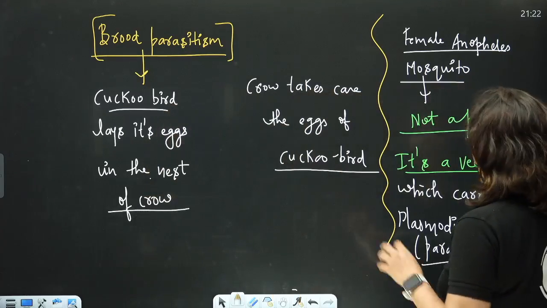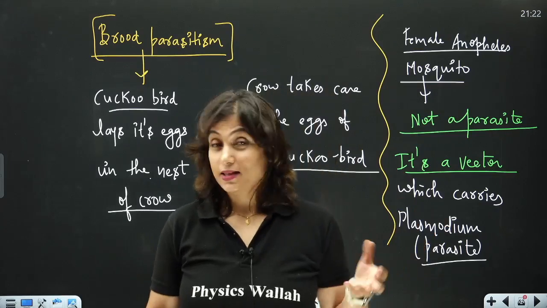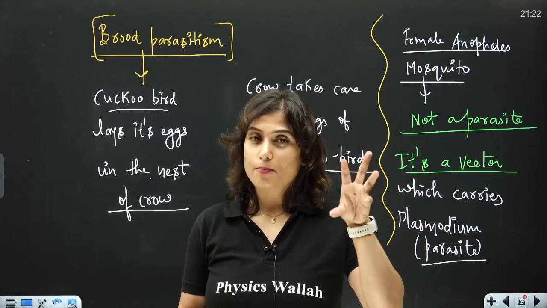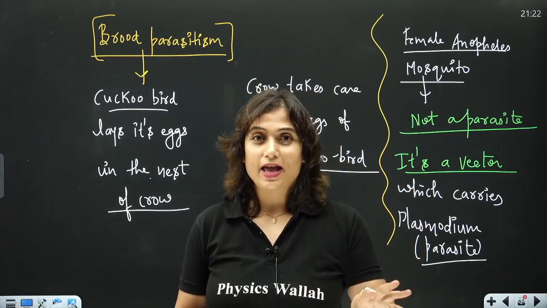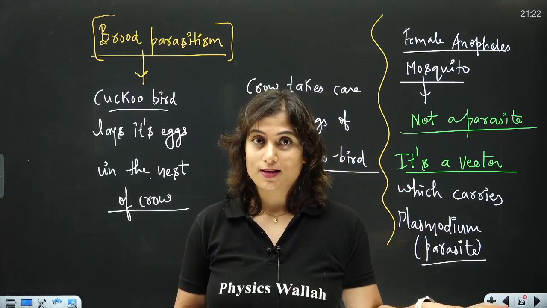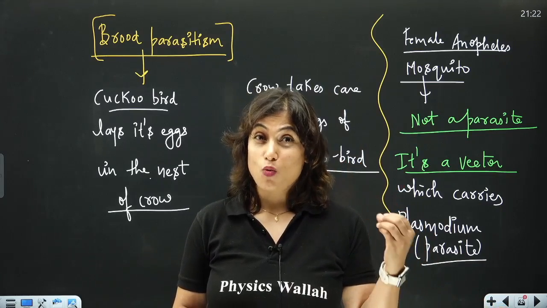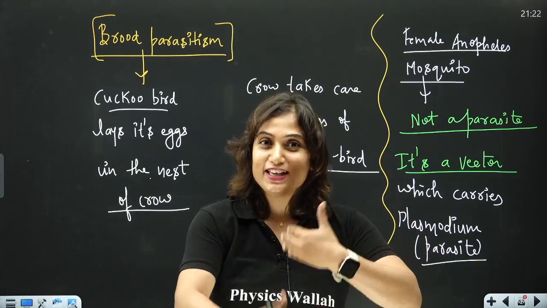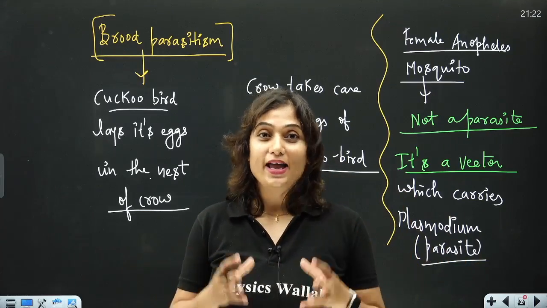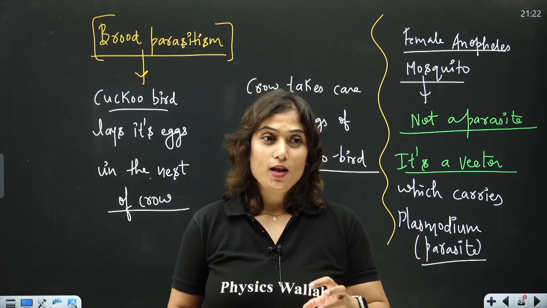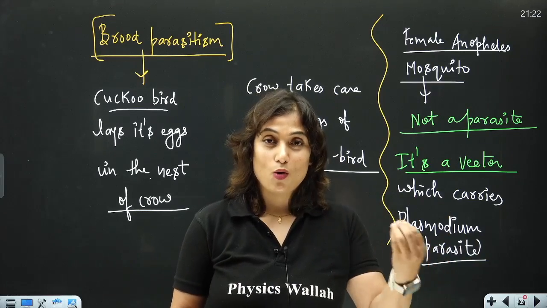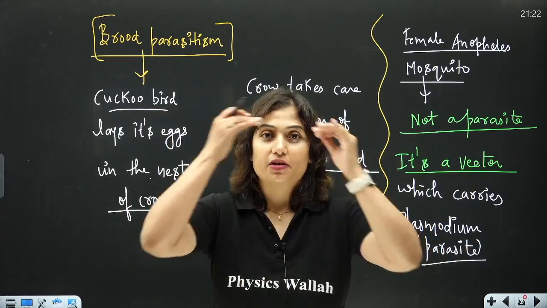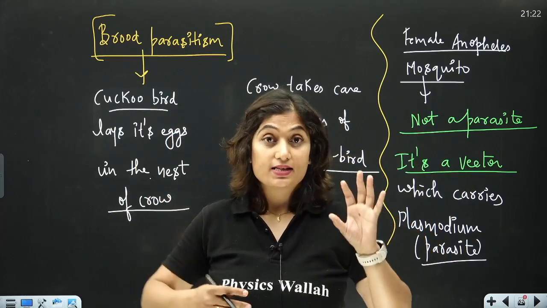And yes, an ideal parasite will not try to kill its host, because a parasite wants its host to remain alive so that it can take nutrition. So an ideal parasite will want the host to live longer, but it doesn't happen.